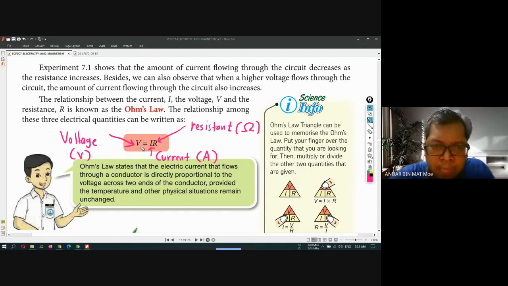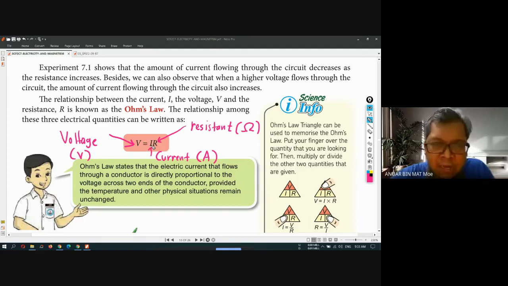You must remember the formula, meaning that voltage is equal to current times resistance. Please do not confuse A and I here. I represents the current in the formula, and A is the unit of current, ampere.